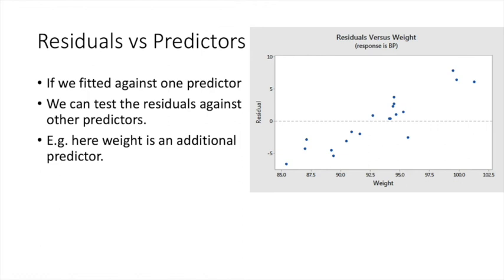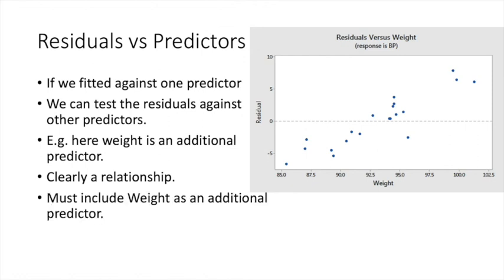So weight appears on the x-axis. We can clearly see that there is a relationship between weights and the residuals because the residuals gradually increase as the weight increases. Now, if this happens, then this is a clear indication that we must include weight into our set of predictors and no longer depend on just a simple linear regression with a single predictor, whatever predictor we earlier used. So in these cases, we move on to what we call multiple regression.